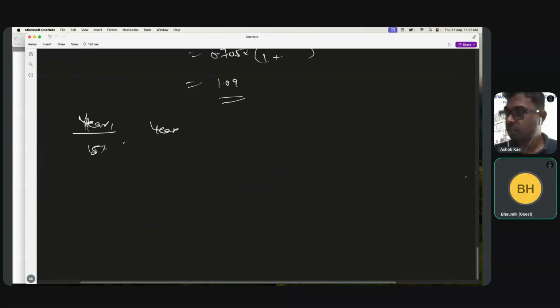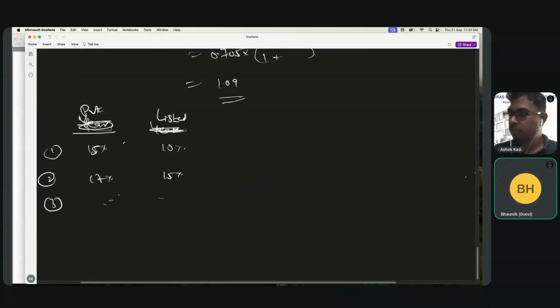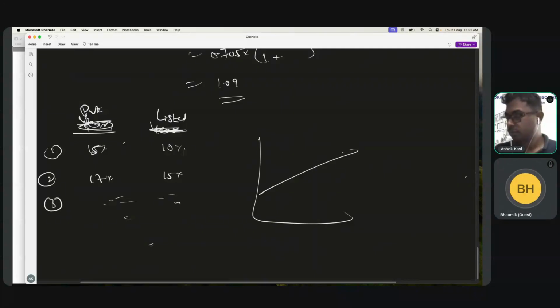How much has the listed company given? This is the private company and this is the listed company. So this is year one, year two, year three. You can find the correlation, and based on this you can find out the regression. So it's not compulsory to do it with the index only. We can do it with anything.